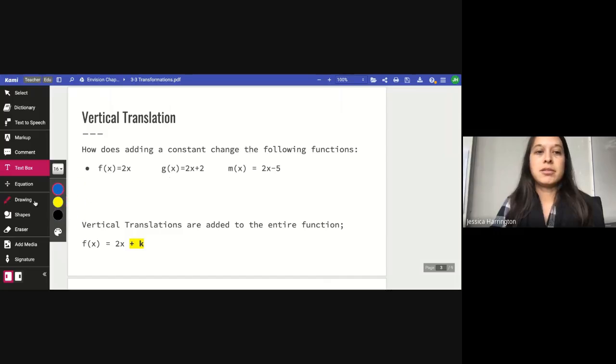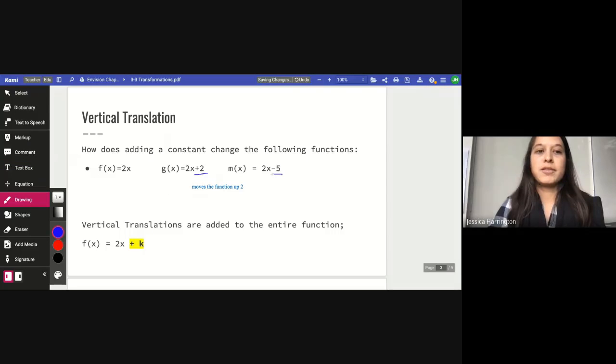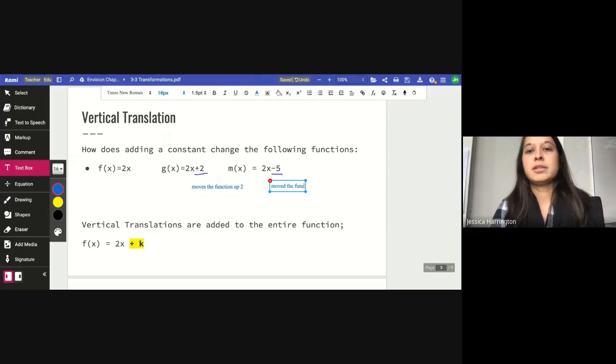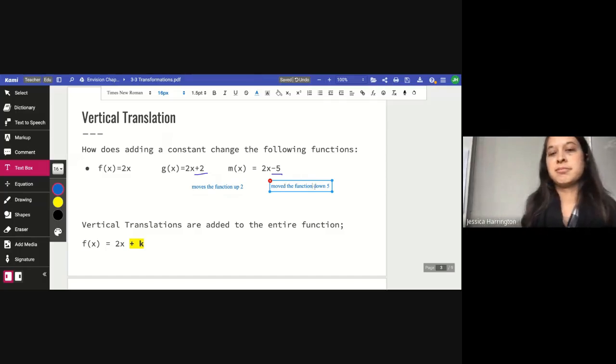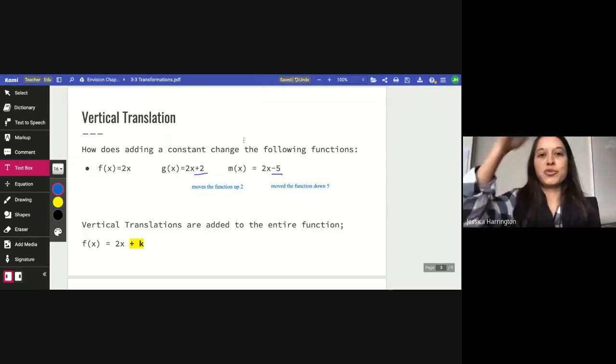Here, my example would be, since I'm adding 2, it moves it up 2. Here, we're subtracting 5. So what did we do? We moved the function down 5 spaces. So it's been transformed. It moved up and down. So that's the vertical translation.